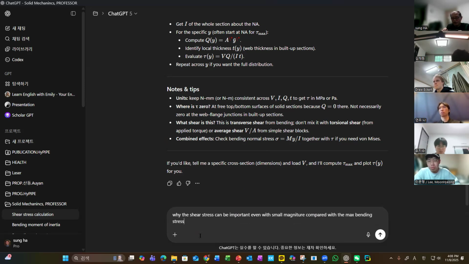See, this is important to understand. The bending stress, sigma x, is very large, but the shear stress is small. But shear stress can be important even with a small magnitude compared with the maximum bending stress.